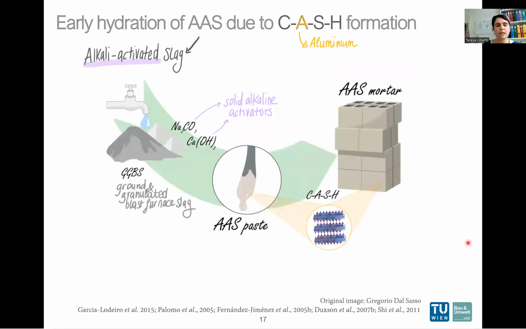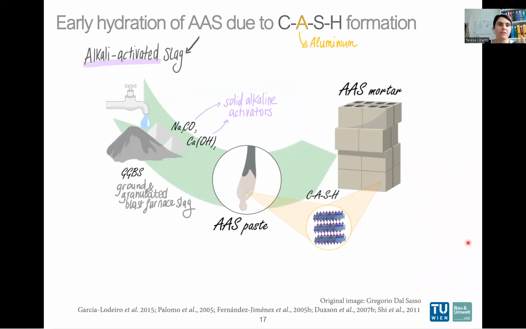Another example that is really interesting along the same line is the rehydration of alkali activated slag due to CASH formation, where the A comes from the aluminium contained in the slag. But before that, what is an alkali activated slag, or an alkali activated binder in general? It is when we have a byproduct or low calcium binder which needs to be activated to make it more similar to OPC.